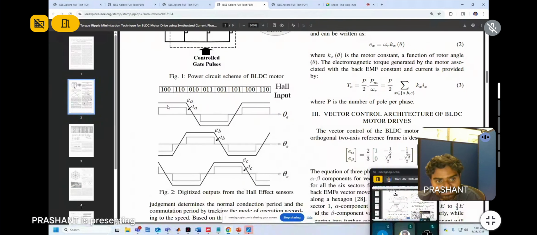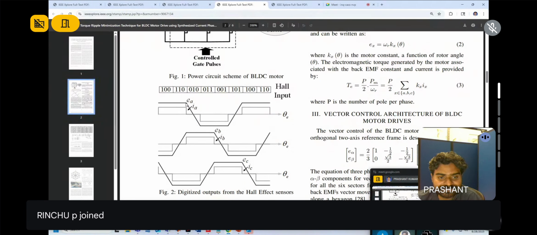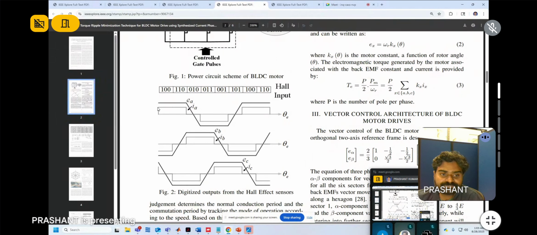E dot I, for the duration when E is available, if we can provide the current to the system, then E dot I will be more, meaning power will be more, and hence torque will be more. And we don't want current when there is no stator phase back EMF in the system. So this is the story behind the Hall sensor input signals.